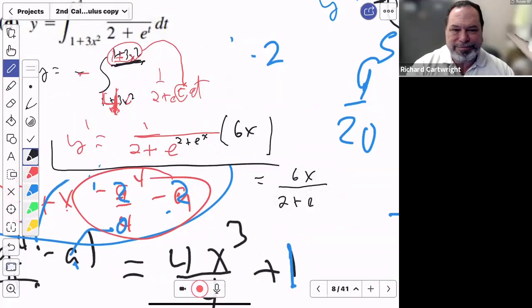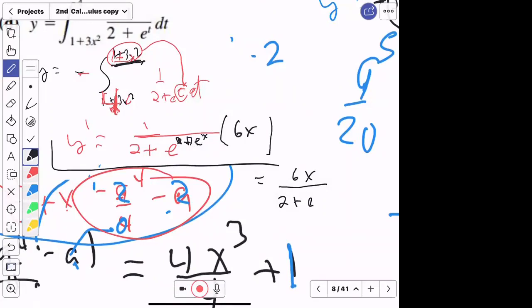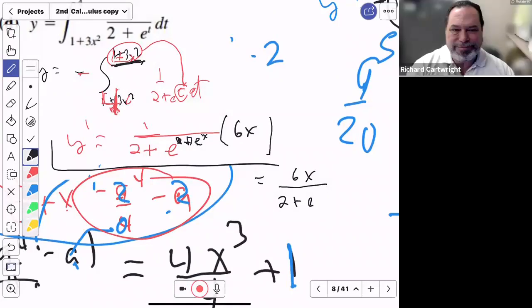Why did I put a 2 here? It's a 1 anyway, wasn't it? 1 plus 3. No, it was e. I'm sorry. I'm looking at the wrong place. 1 plus e to the 1 plus x squared was right. No, sir, 1 plus 2x squared.